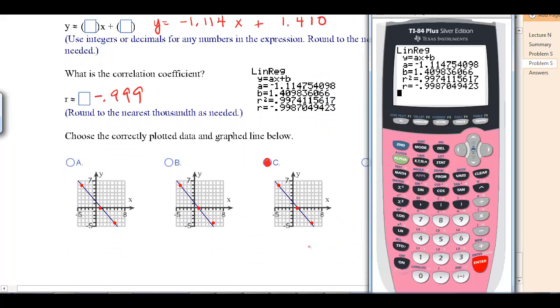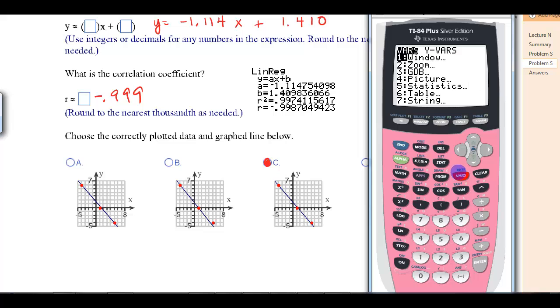And choose the correctly plotted data and graphed line. We can bring that line in. If I go to y equals and go to vars, number 5, statistics, over to equation and enter. And I believe it brought it in for us. And let's hit graph. Okay.